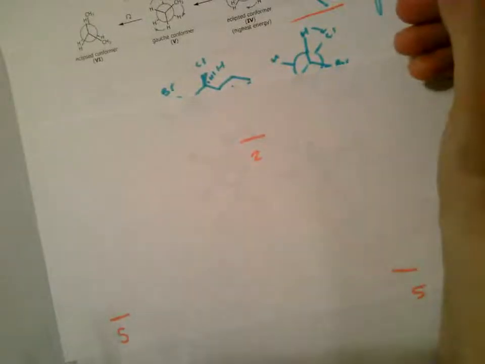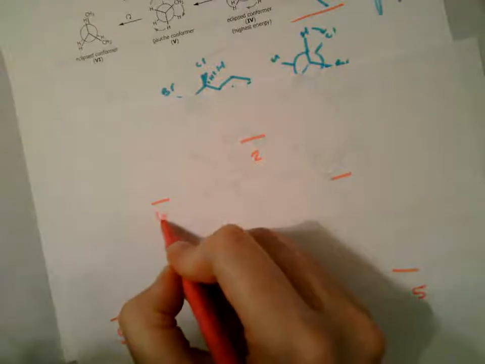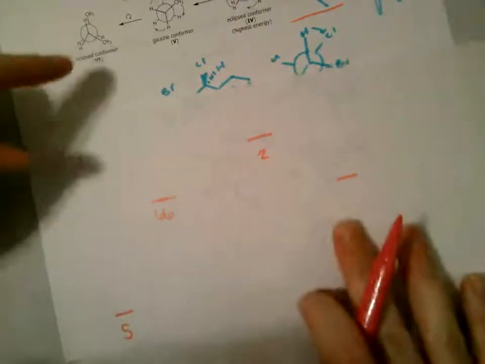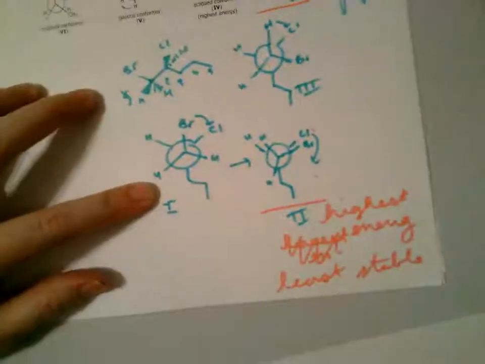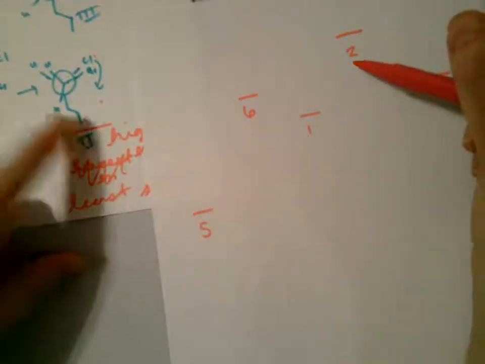So I'm just going to go through 5, and then 6 doesn't have the largest groups eclipsed, but it is eclipsed to some degree. So 6 here. And then we go over to 1. So 1 has the two biggest groups somewhat close to each other, but not exactly eclipsed. And then 2, the two largest groups are perfectly eclipsed, so that's the biggest.